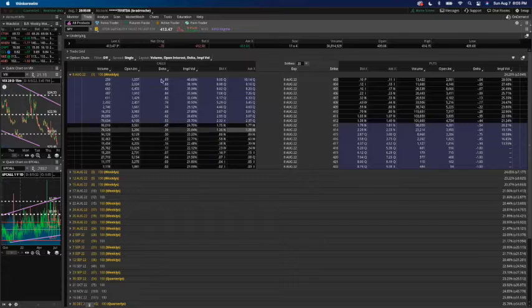So if this expiration came and the stock price was at 413.47, all these contracts here would expire worthless. They would be worth nothing because of this strike price here. The strike price basically says what price you are borrowing the shares at.